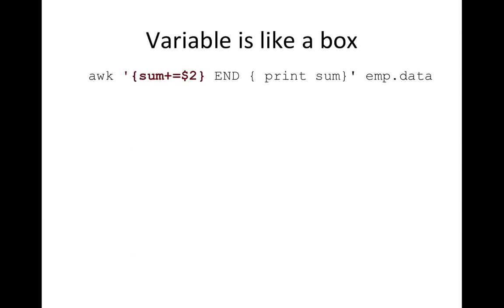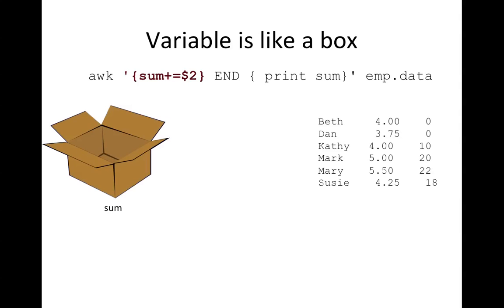So I have a real-time demonstration. We are given the box, which we call sum. We go through the file, and then we have a magic button. We go through the file and put the values from column number 2 into the box. So 4, right here, right? 4, 3.75, and so on.